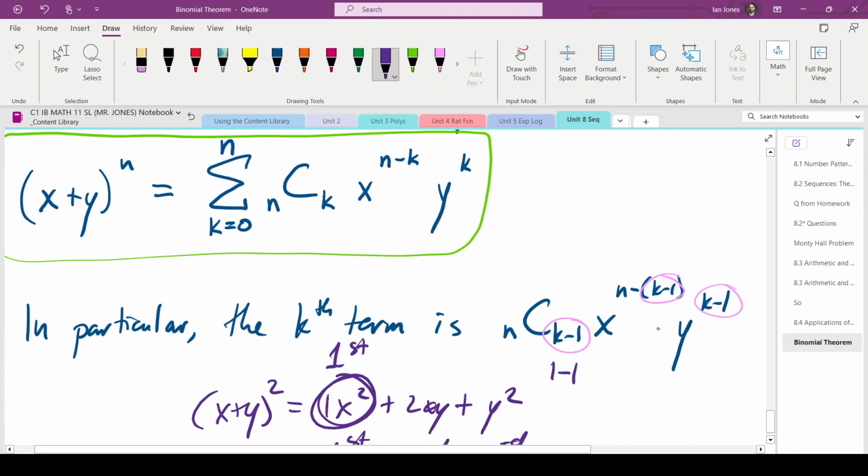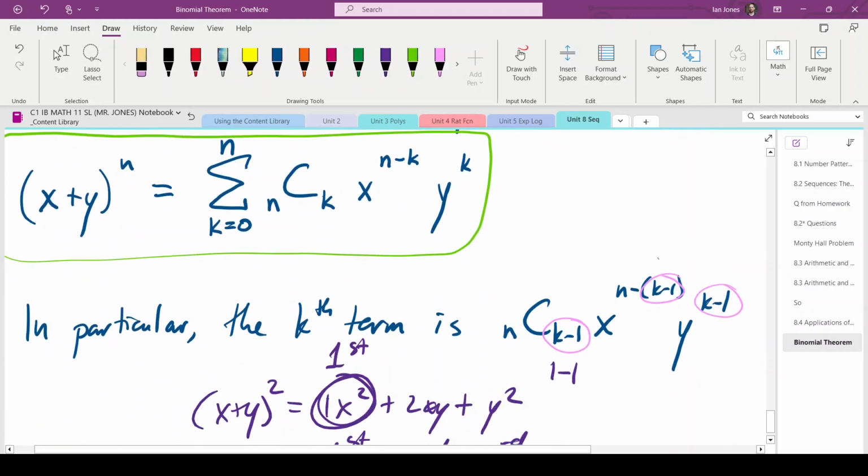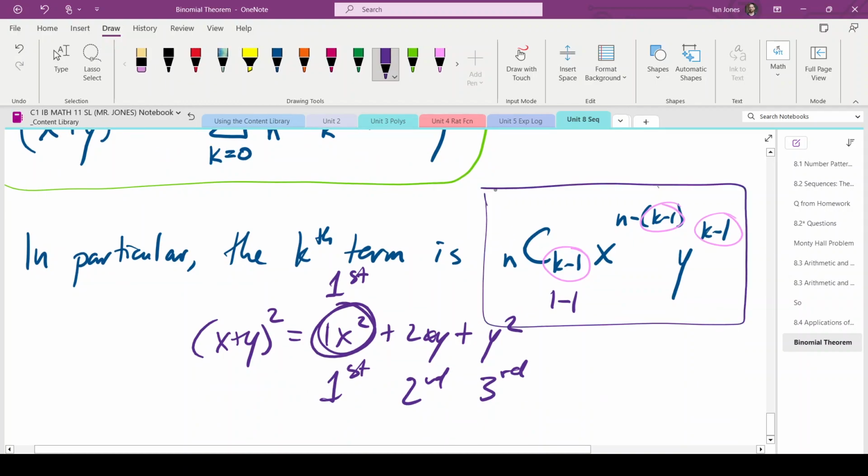And I have n minus 0, just like I would expect here, okay? So this is just a way to map this so that I can call this the first term and the formula works. Very, very useful formula. You will want to memorize that one for sure.